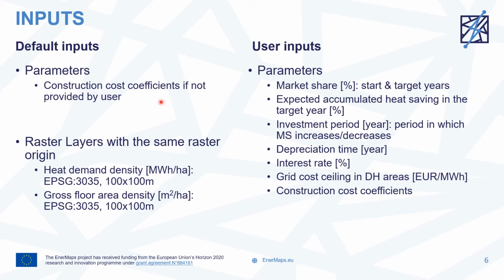This can, however, be changed by the user and provided by him or her. Additionally, as default raster layers, heat demand density and gross floor area density maps are given, which will be used for identification of potential district heating areas.